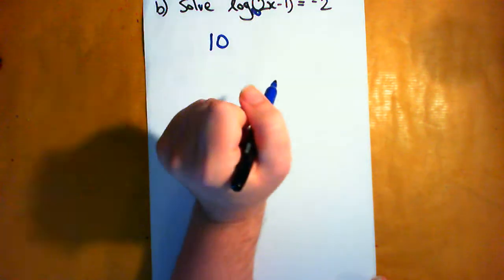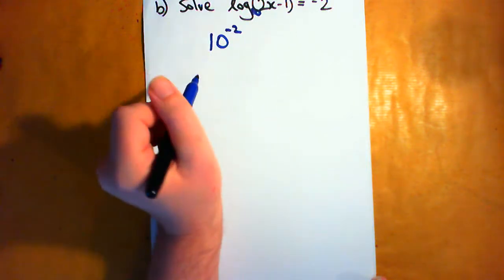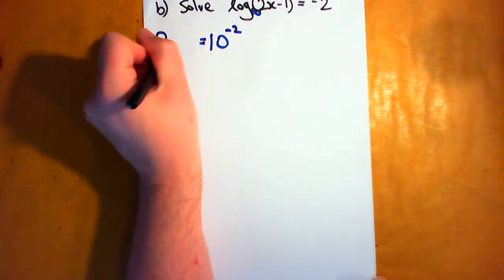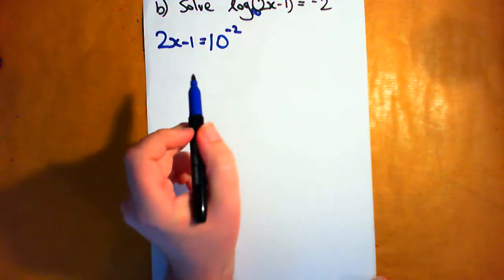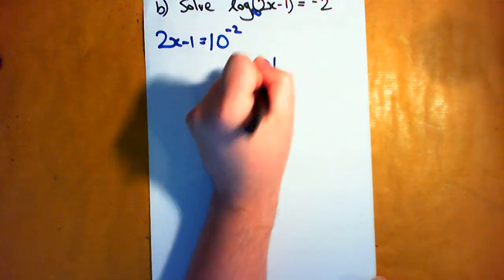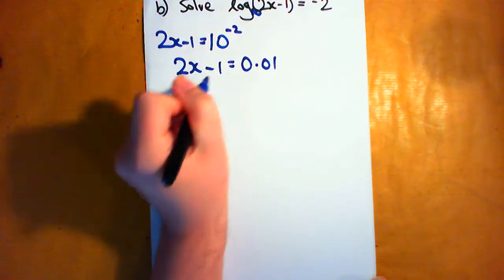Now your x is your power, which is going to be negative 2. And on the other side of the equation you've got 2x minus 1. Okay, so 10 to the negative 2 is 0.01 equals 2x minus 1.